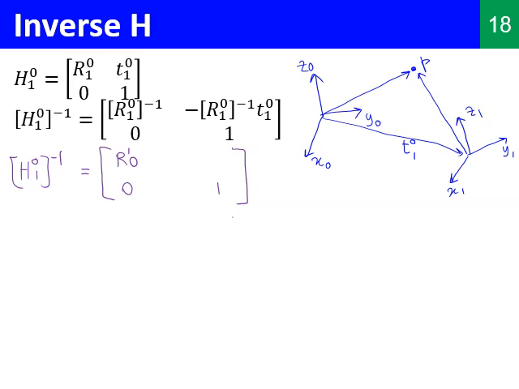Now again I have R01 inverse here that can be replaced by R10. Let me do it as well. So R10. Now I'm going to include that minus sign together with T01. So I can write minus T01 as another vector.